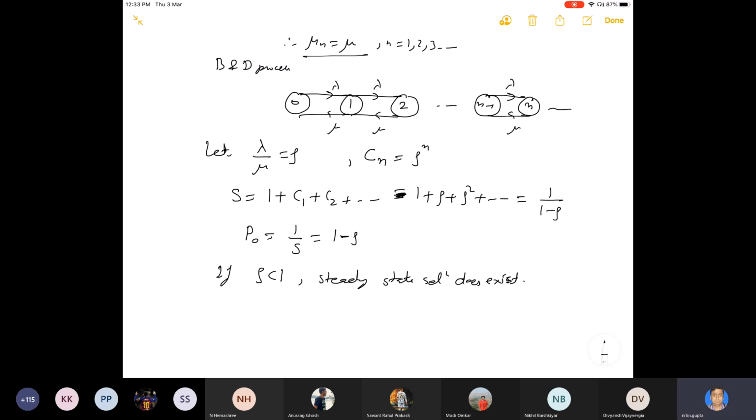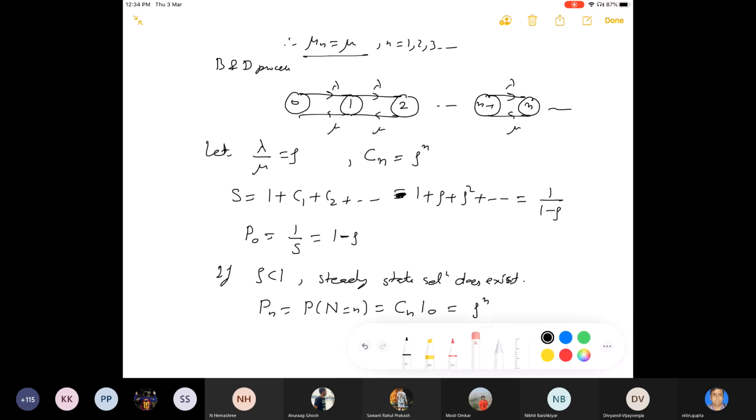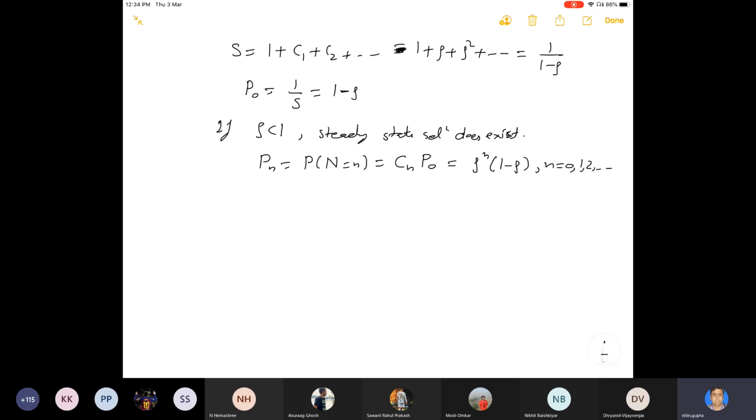So what is Pn? This is the probability that N is equal to n. This is Cn times P naught. Cn is rho raised to power n, so Pn is rho raised to power n times 1 minus rho, where n is 0, 1, 2 and so on. So what is the distribution of n here?